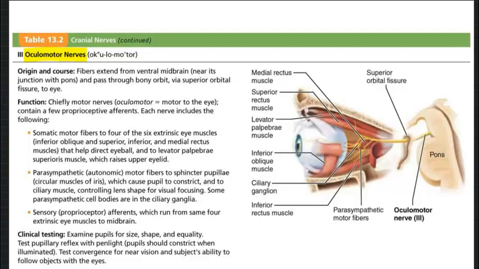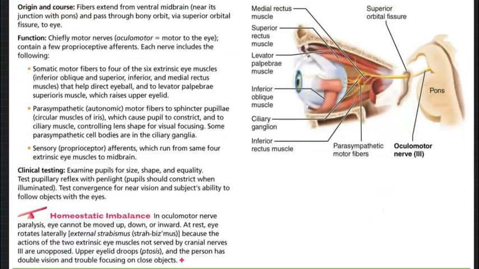It moves your eyes, but that's not all. Here's the question: conceptually, are your eye movements voluntary? Yes. So this nerve contains somatic fibers that connect to the so-called extrinsic eye muscles, and that will direct your eyeball.